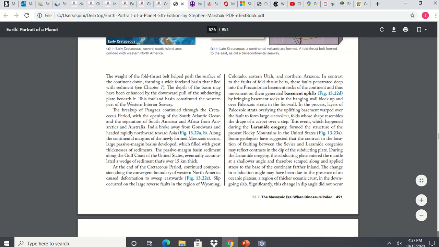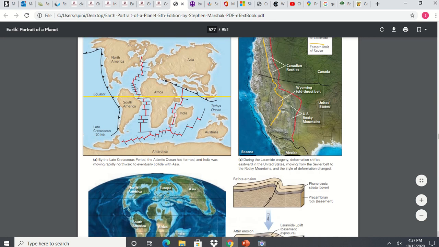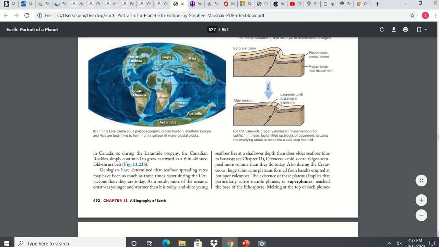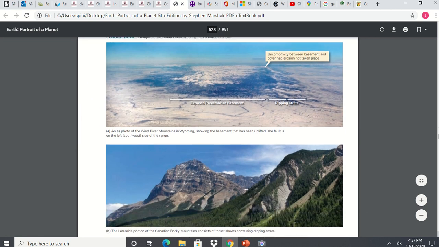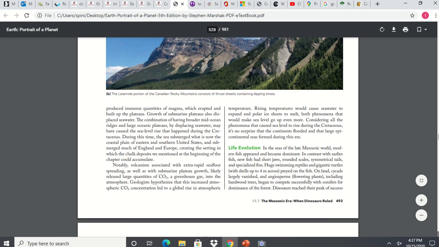But life will move on, won't it? And eventually the dinosaurs will pass away. Again, it was probably a combination of volcanoes and a meteor that hits the Earth about 65 million years ago that's going to cause the demise of the dinosaurs.